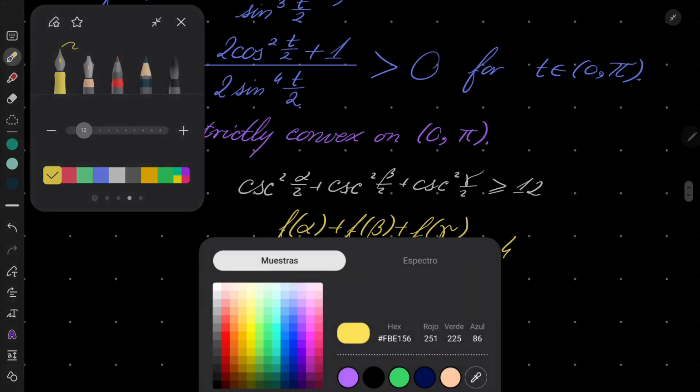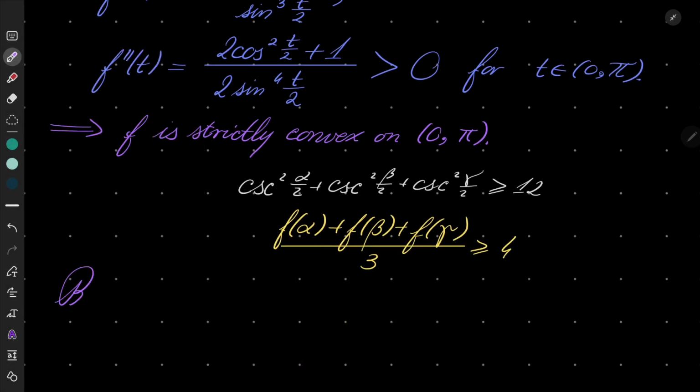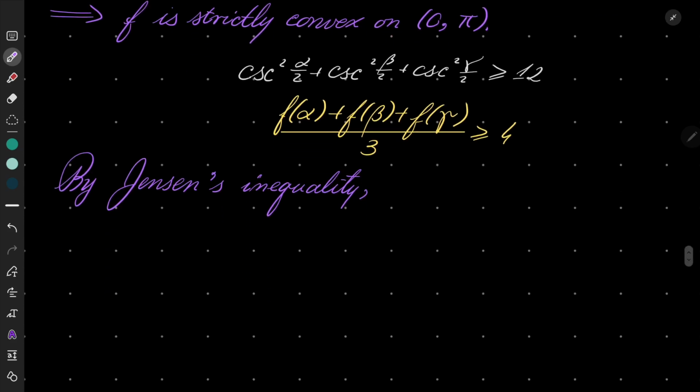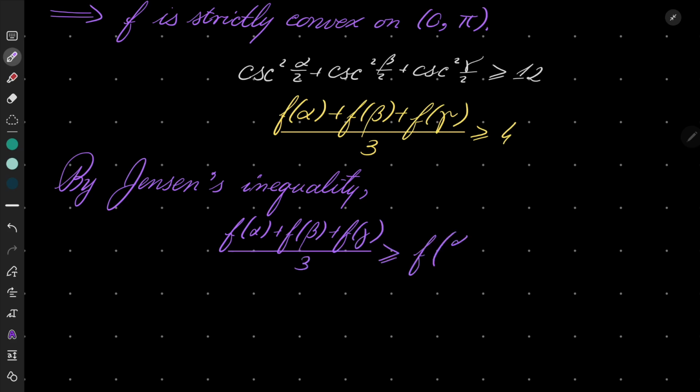Now, by Jensen's inequality, since our function is convex, we know that f of alpha plus f of beta plus f of gamma over 3 is greater than or equal to f of alpha plus beta plus gamma over 3.